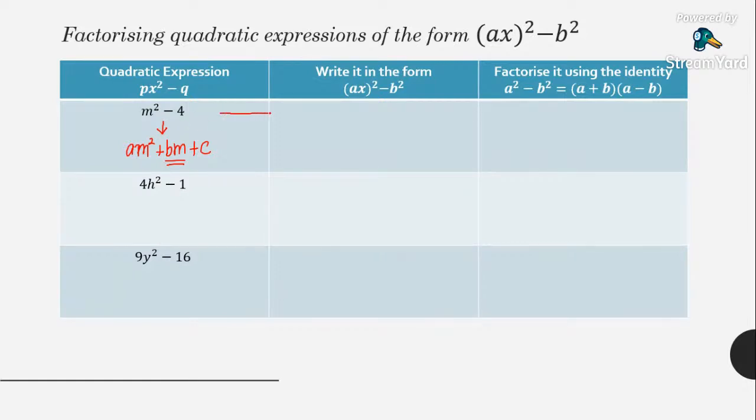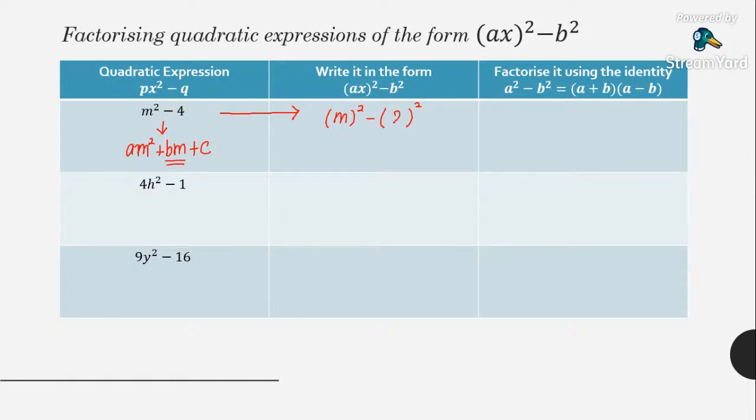So from here, we are going to change this into bracket square minus bracket square. Okay, so this from 1 square, it becomes both terms are in terms of square. So what we do here is m squared minus, okay, when you have to think of a number where you square it, you will get a 4.